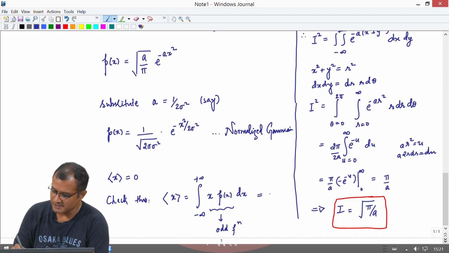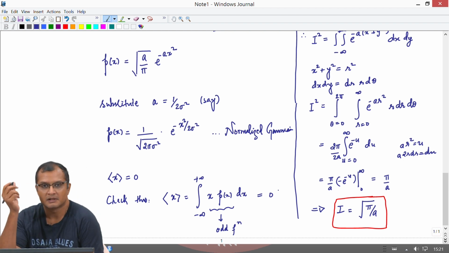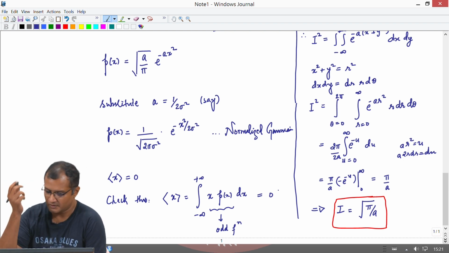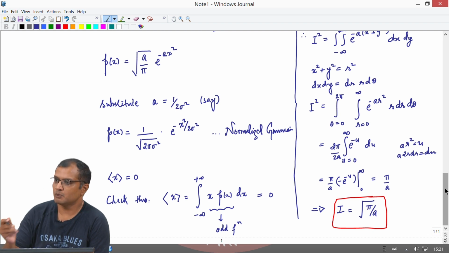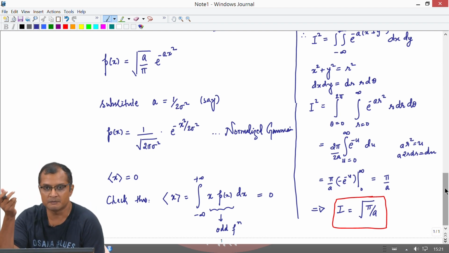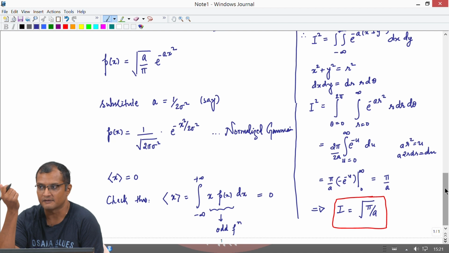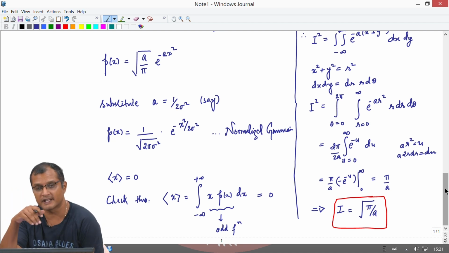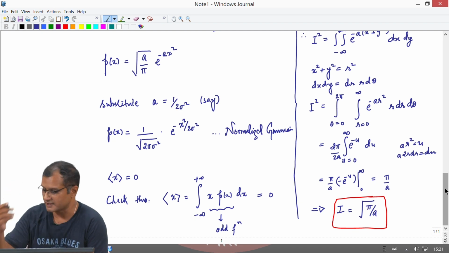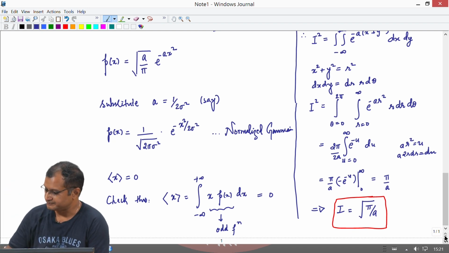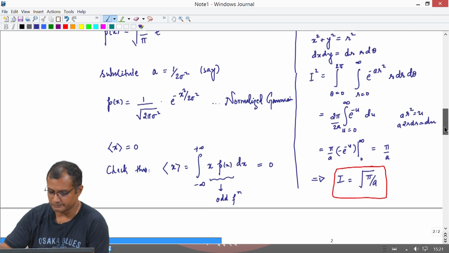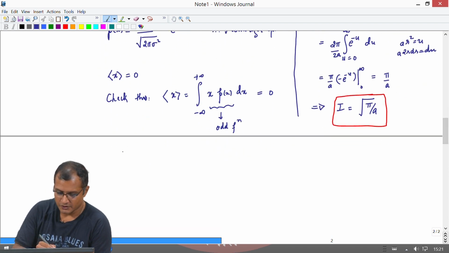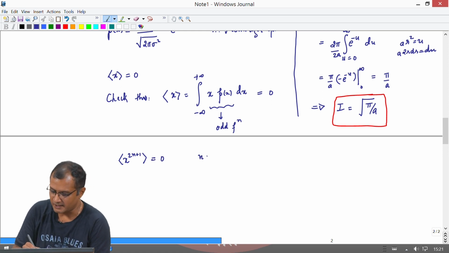So, it is not surprising that the average value of x is 0. In fact, all odd moments of x will be 0 because p of x is even by itself. So, you can write x to the power 2n plus 1 will be 0 for any n.